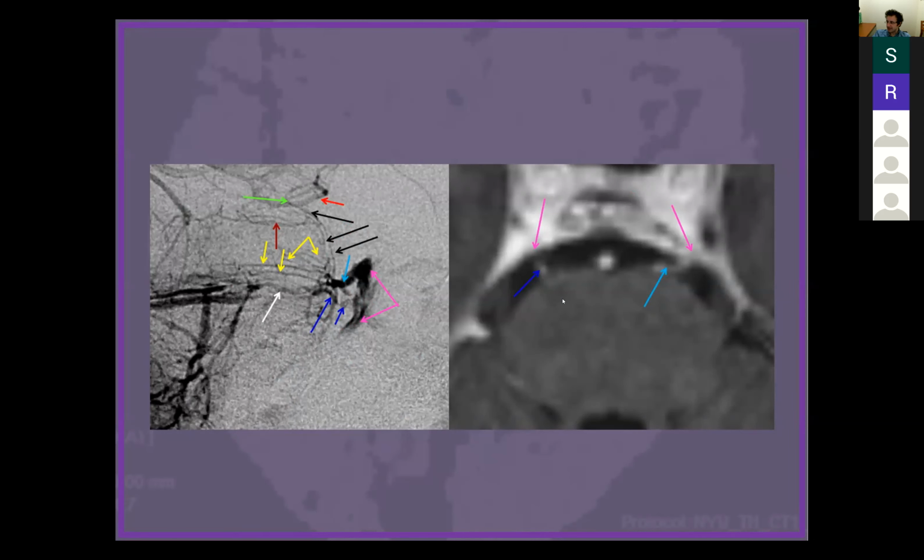Now, there's nothing particularly special about bridging veins. The petrosal veins are bridging veins too, right? All of these veins at some point have to leave the surface of the brain and join some kind of sinus, usually. So that's a bridging segment. It goes by different names, but you want to pay attention to these veins. Sometimes that's the principal vein, the way that they drain, instead of, say, going to the superior petrosal sinus and finding the way to the cavernous sinus that way. Okay.